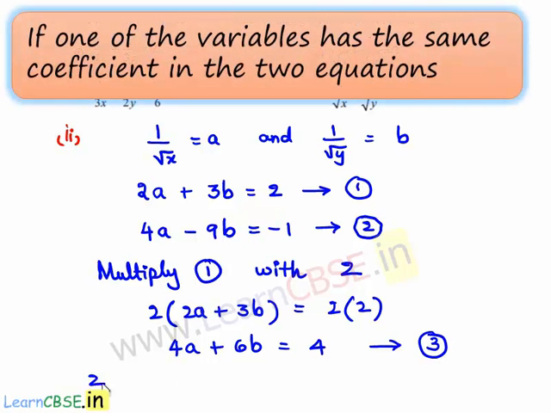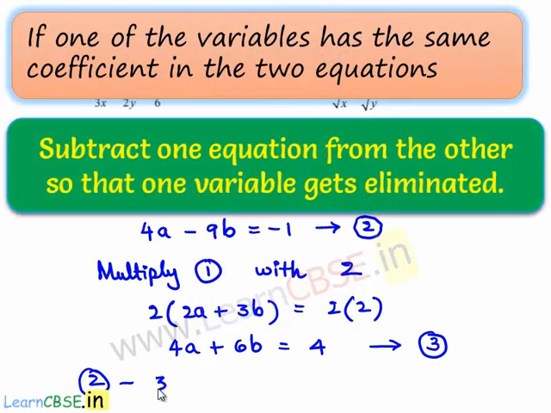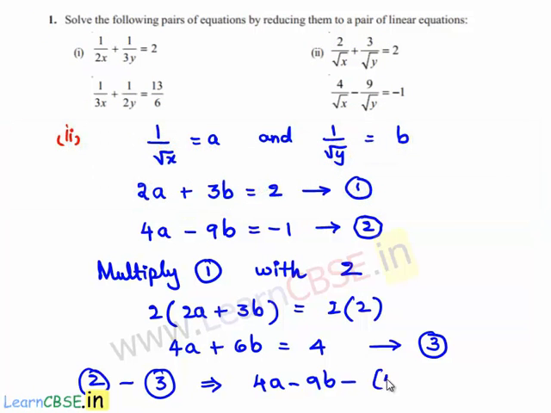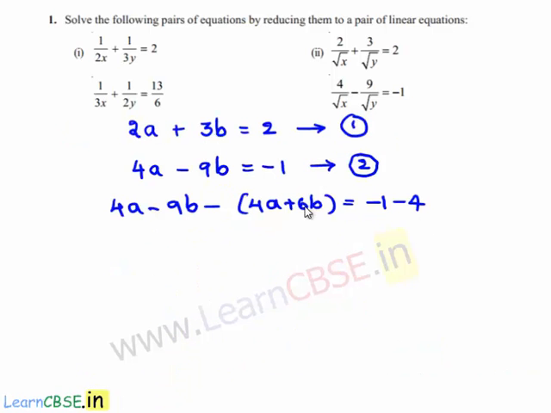Now equation 2 minus equation 3, we get 4a minus 9b minus of 4a plus 6b is equal to minus 1 minus 4. Now this becomes 4a minus 9b minus 4a minus 6b is equal to minus 5.